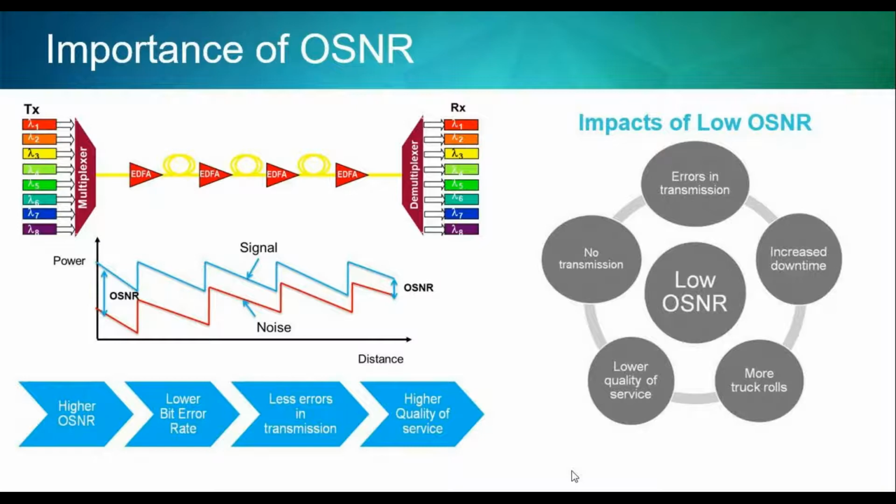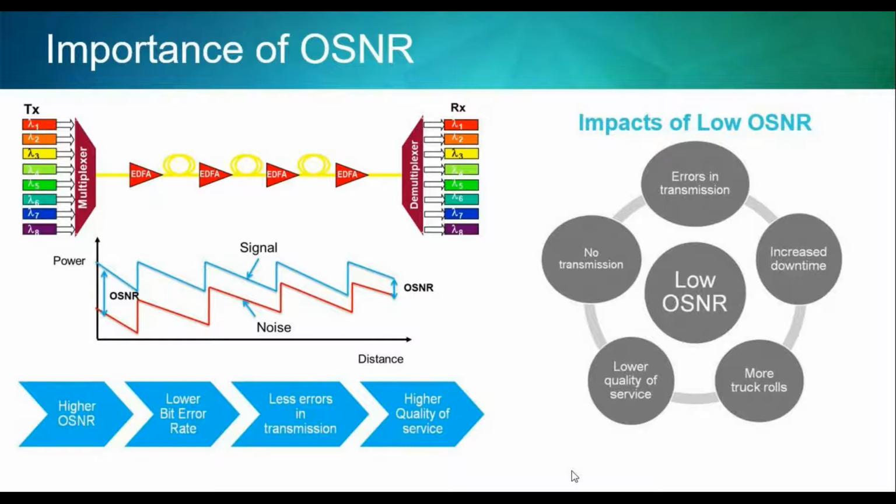That's why it's very important in the design, and also in the commissioning and turn up of the system, to clearly test for the OSNR at the beginning, within different test points, and at the end, to make sure that the level of OSNR is within the specified tolerances of the system. The impacts of low OSNR are a direct impact on the error rate.